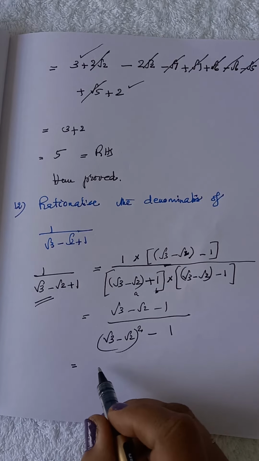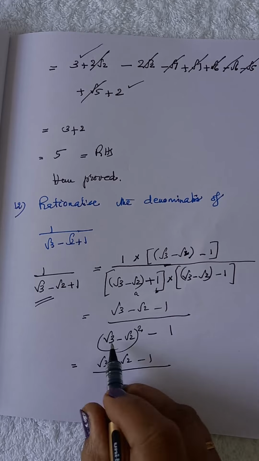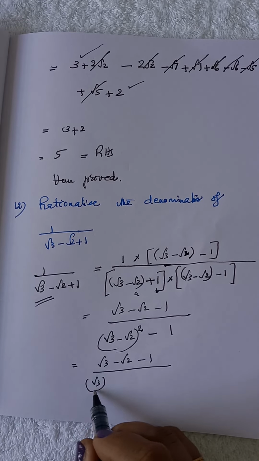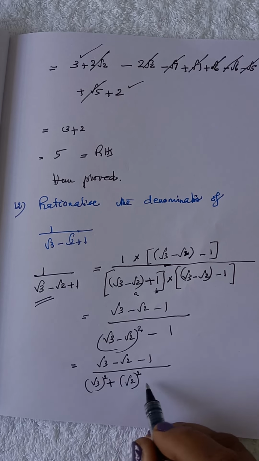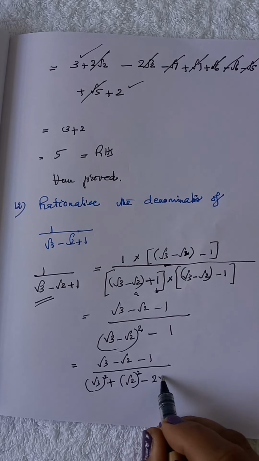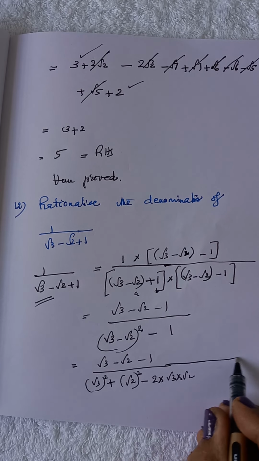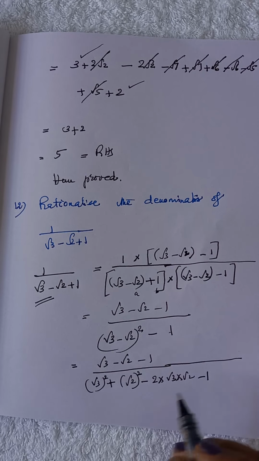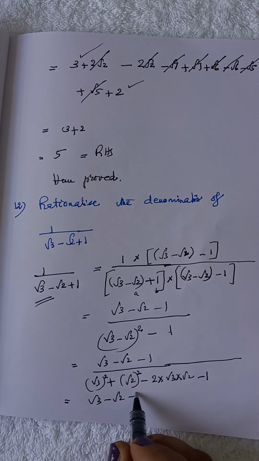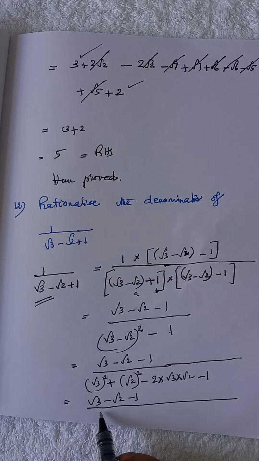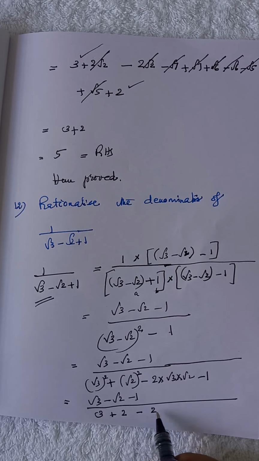That is equal to root 3 minus root 2 minus 1 divided by root 3 square plus root 2 square minus 2 into root 3 into root 2, and this minus 1 is there. That is equal to root 3 minus root 2 minus 1 divided by root 3 square is 3, root 2 square is 2, minus 2 root 6.